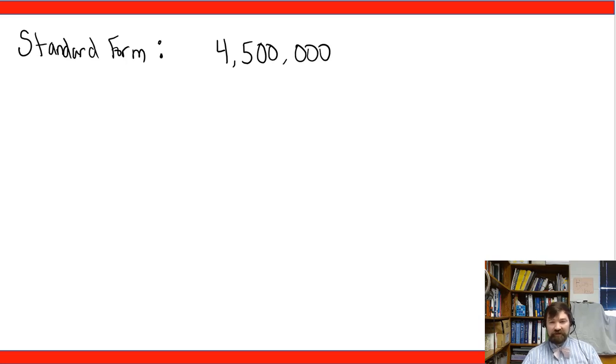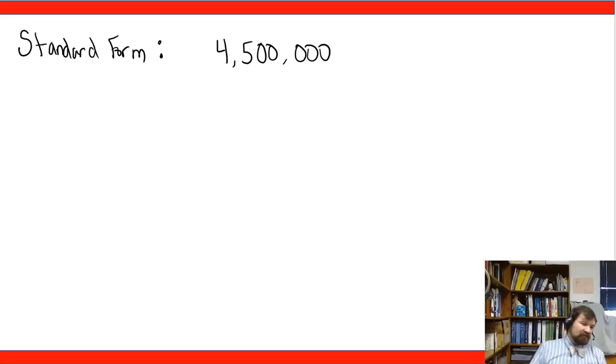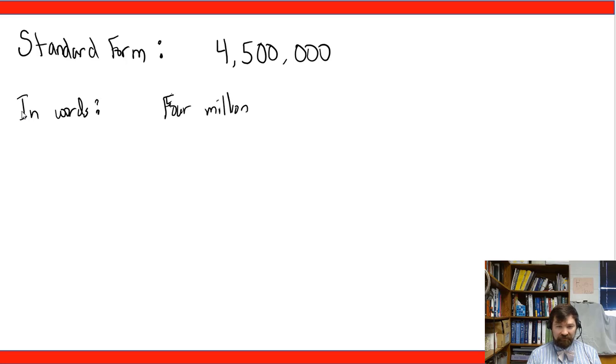So I've just written the number 4,500,000. So this is the standard form of it. In words, we would say 4,500,000.